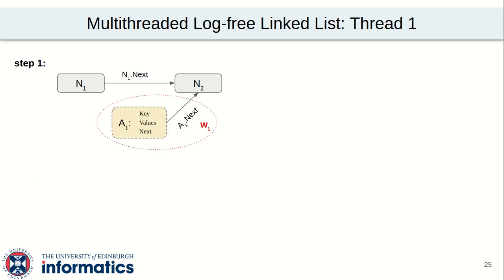Initially, there are two nodes in the linked list, N1 and N2. Thread 1 now wants to insert a new node A1 between N1 and N2. Accordingly, it performs a bunch of writes, setting the value of new node A1 and then setting its forward or next pointer. We refer to this group of writes as W1.